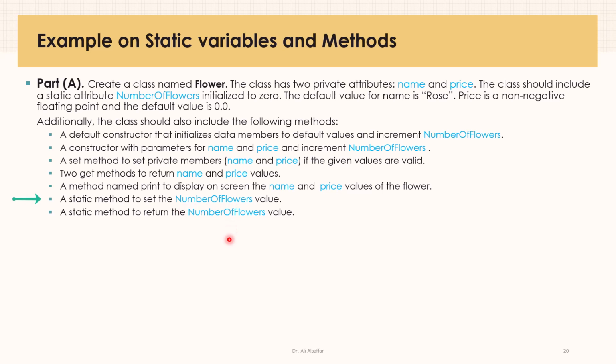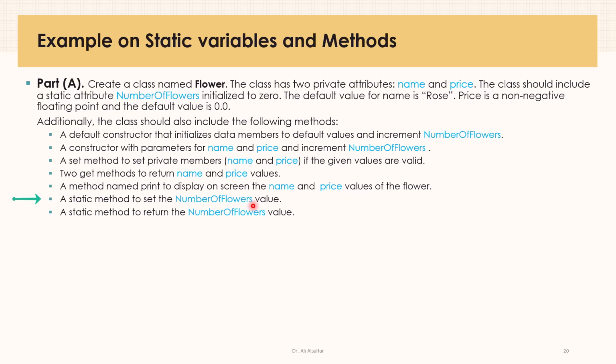Its purpose is to count how many flowers we have in our program. And you can find this answer by counting how many objects you have created from this class. This can be done from the constructor itself. So inside the constructor, whenever we create an object, we increment numberOfFlowers by 1.